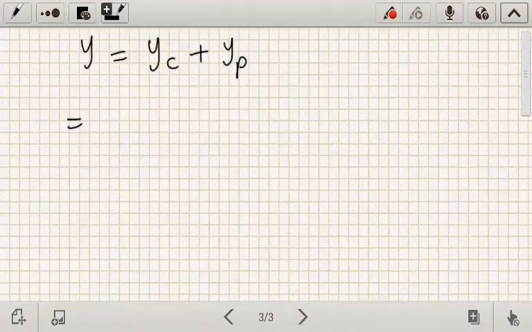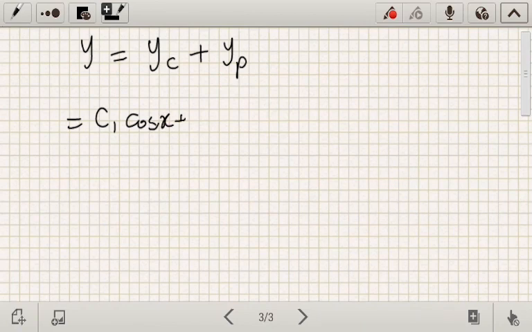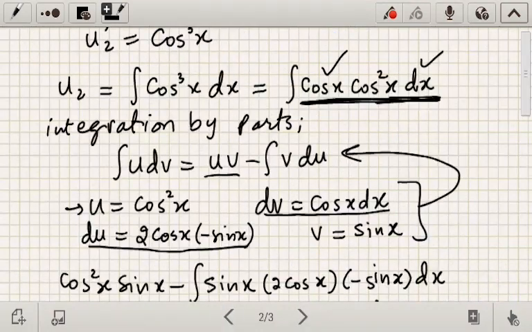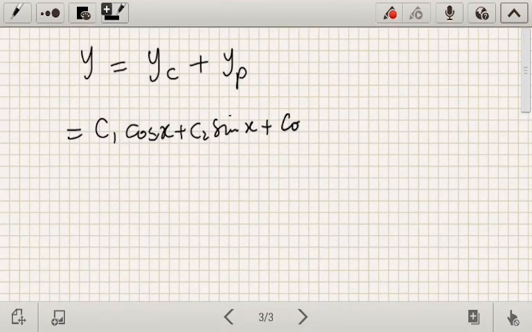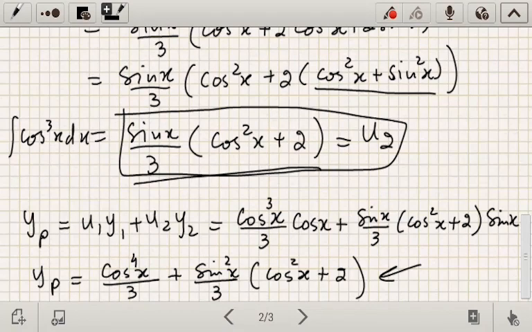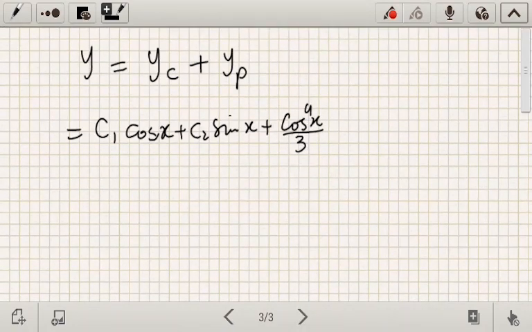So c1 cos x plus c2 sin x plus yp, and yp was all of this: cos to the power 4 x divided by 3 plus sine square x divided by 3 into cos square x plus 2.